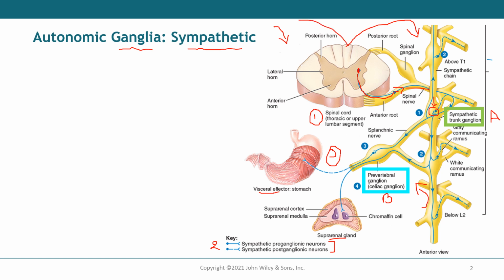If we had more space, we would draw another trunk here that has all these ganglia. In addition to that, we have the prevertebral ganglion, which doesn't lie lateral; it lies anterior and is close to the large arteries located in the abdomen.